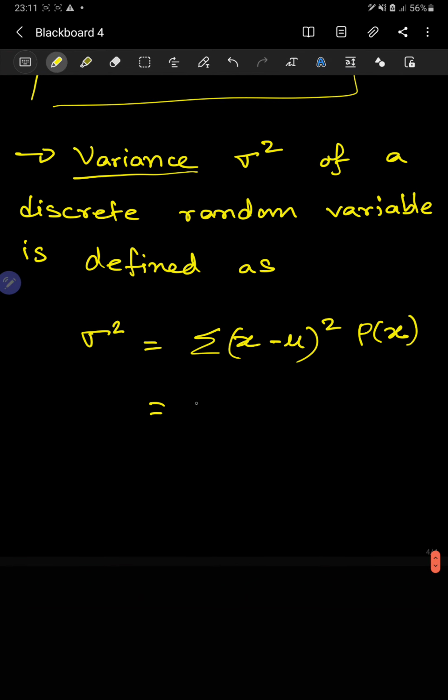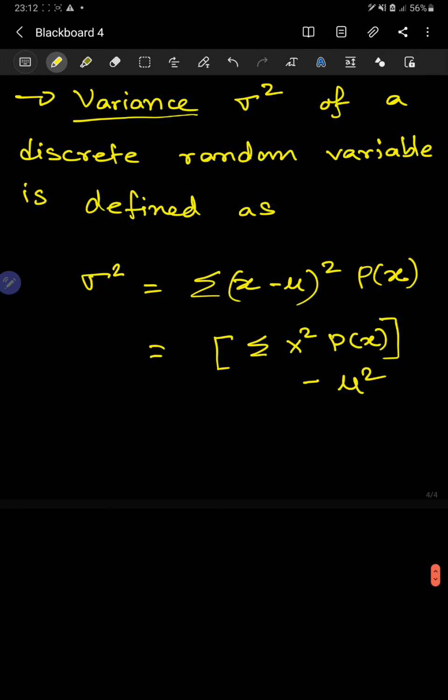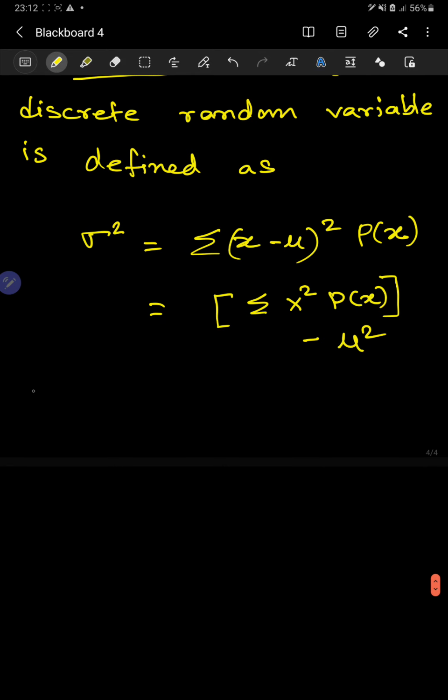Also sometimes if we do some algebra, we can write it like this: the sum of x squared p of x minus mu squared. And that's variance.